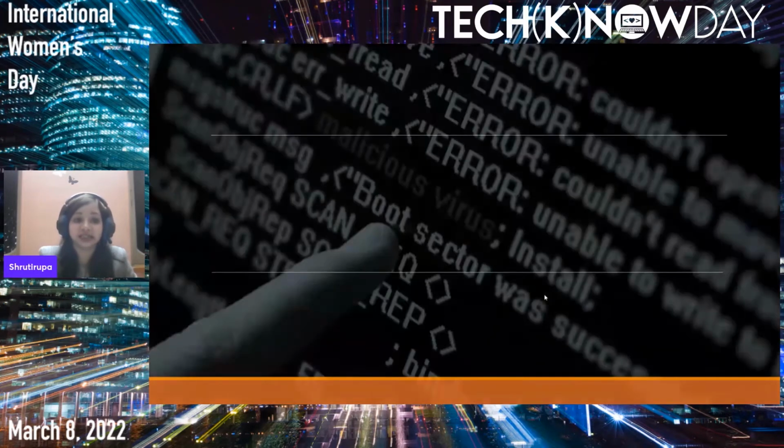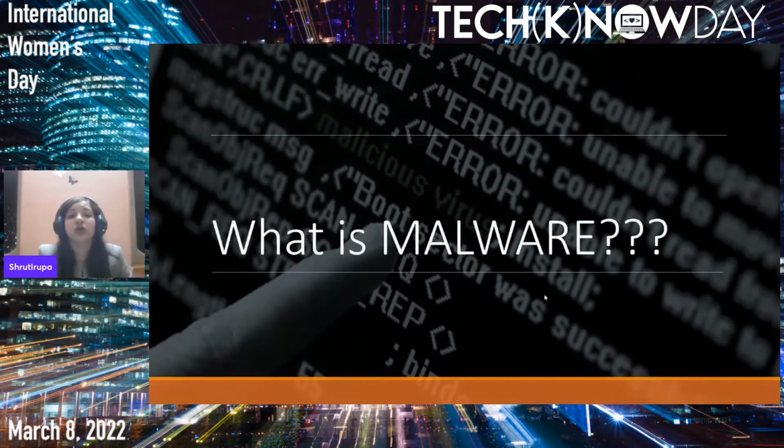So let's get started. So what is malware? Thinking about malware, one thing that comes to mind is viruses and worms, how our system gets affected. Whenever something happens to our system, we often say maybe my system has been affected by malware or by a virus.